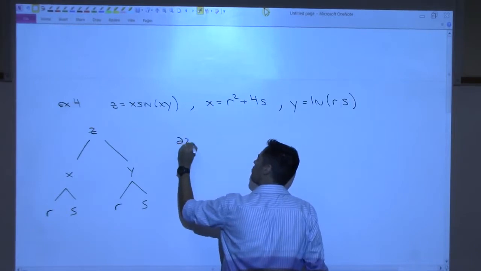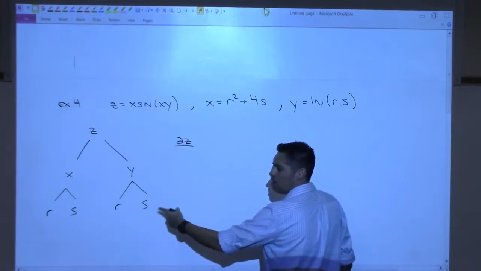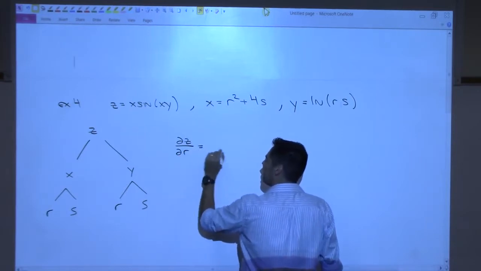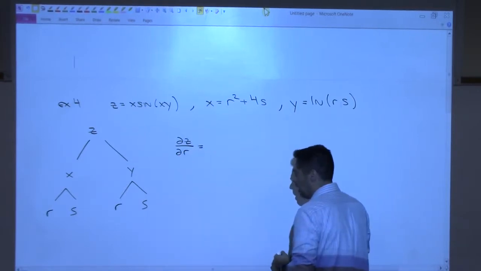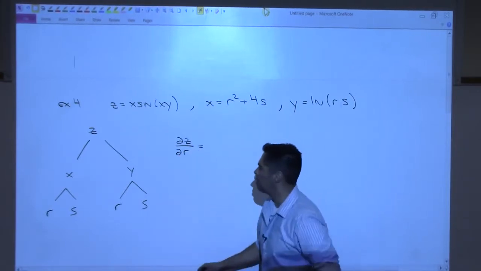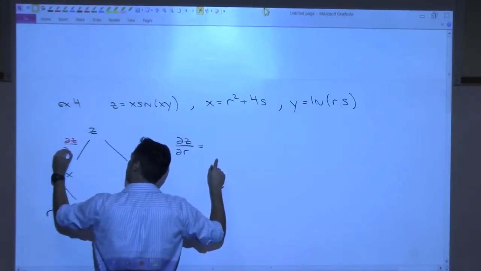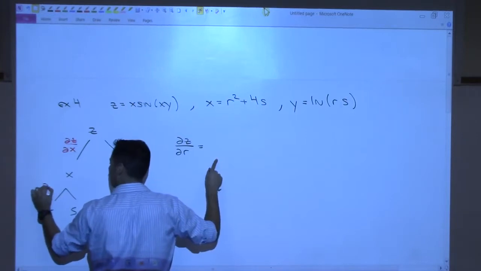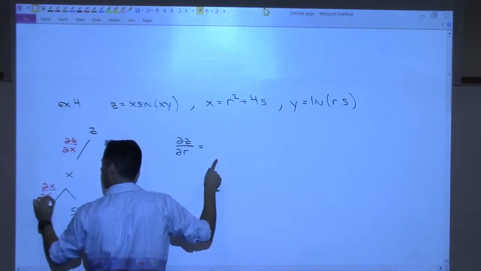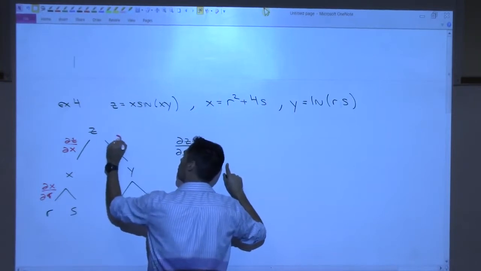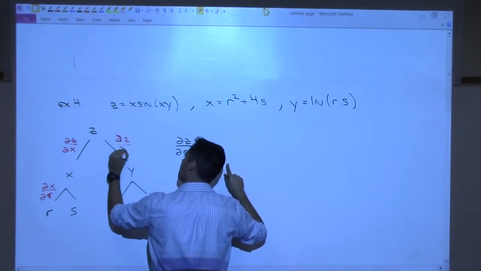We can do partial z. You want to do it with respect to r or s? r. Which, if I follow my tree down, I'm just going to show the pictures for this particular one. Partial z with respect to x, partial x with respect to r. Then I'll do partial z with respect to y.